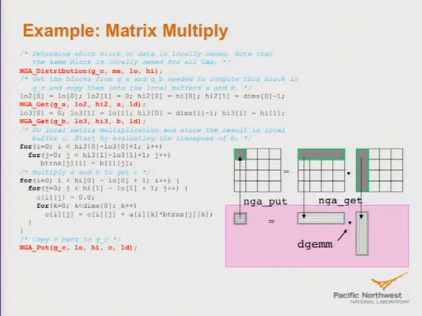You do a local transpose, and then you do the actual matrix multiplication. And when you get the answer, you copy it back into the product matrix. So you get some stuff from A, get some stuff from B, and when you're done, you put some stuff back into C. So that's about all there is to it.